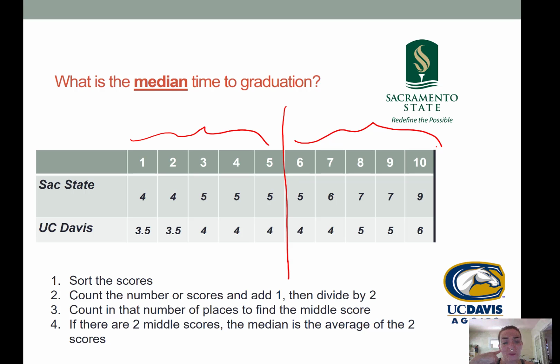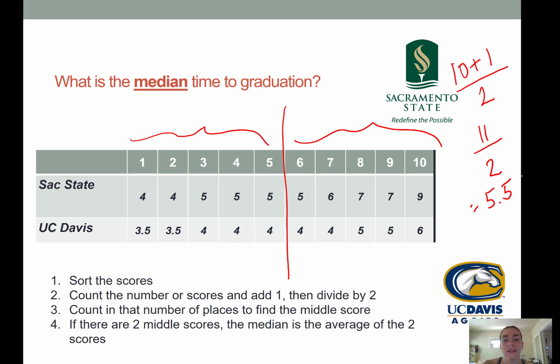But if you wanted to do that using the steps that I've given you in the video or that they offer in the book, then we would have to take the number of scores. There's 10 scores, add 1 to that, and then divide by 2. Okay, so 11 divided by 2 equals 5.5. So that tells us that the middle score is between the 5th and the 6th score, as we already derived.